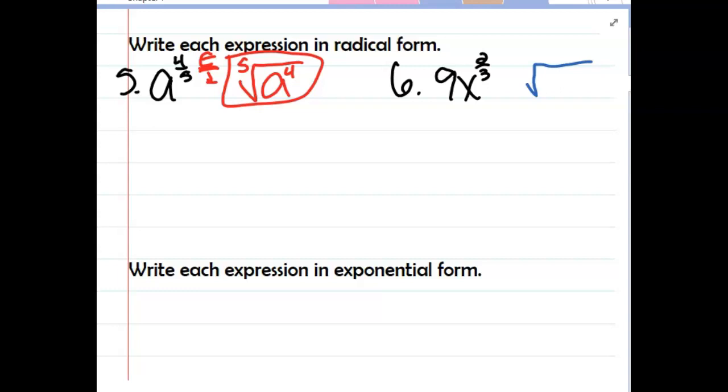So what's my base here? X. Just the x. The 9 isn't part of the base, so the 9 is going to stay on the outside. And then you look at your fraction, and we have exponent over index. So it's going to be x squared, and it's going to be a cube root. So it'd be 9 cube root of x squared.